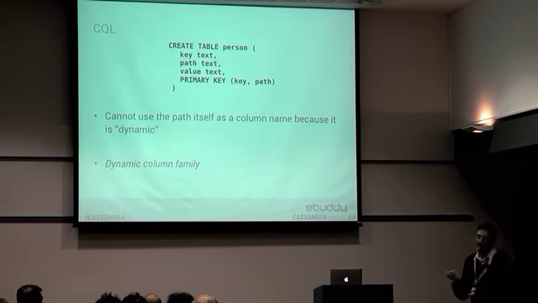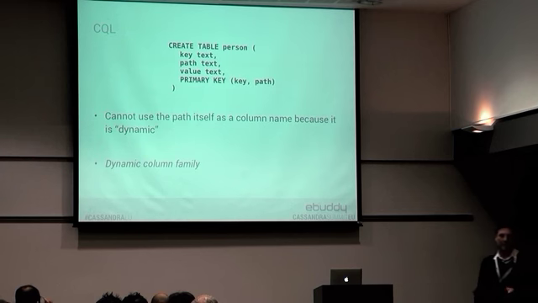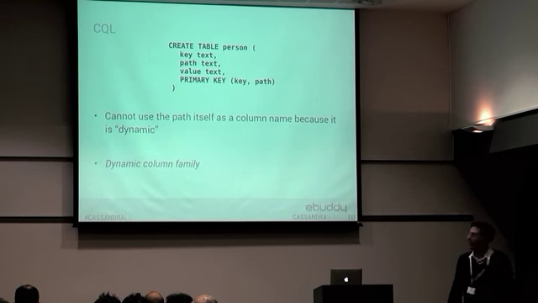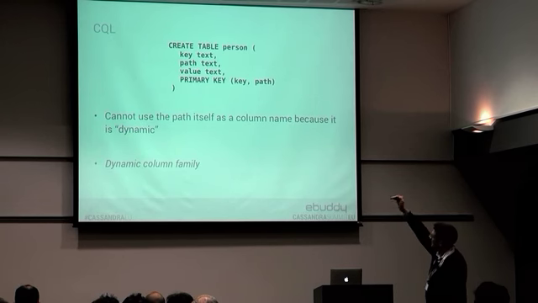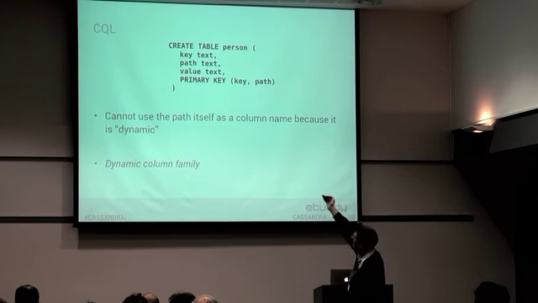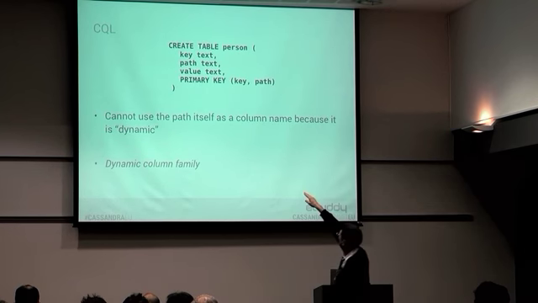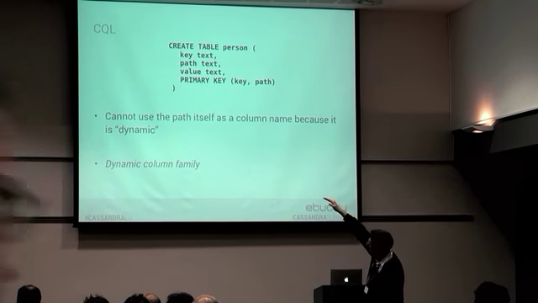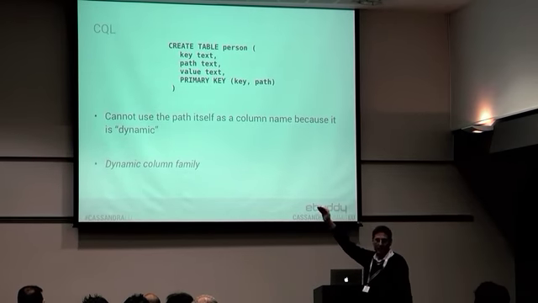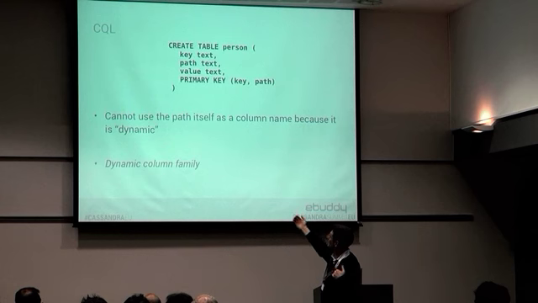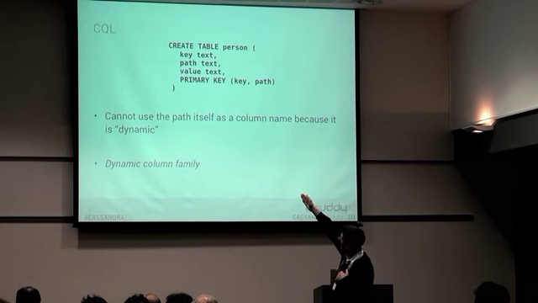We cannot use the path itself as a column name in CQL because it's dynamic, right? It's not fixed. So we use a fixed column name, like for example, path. Key is the partition key, and then another column called value. So we store it as key value paths in the table.